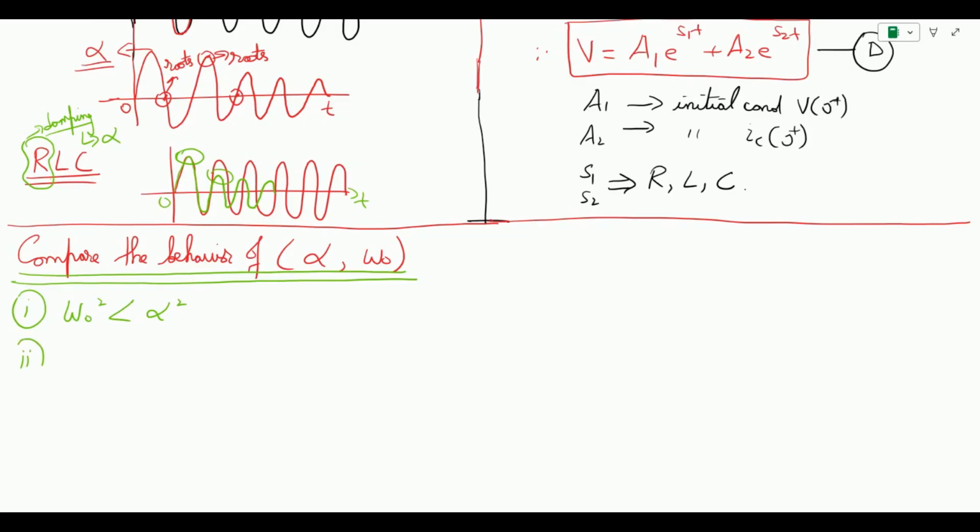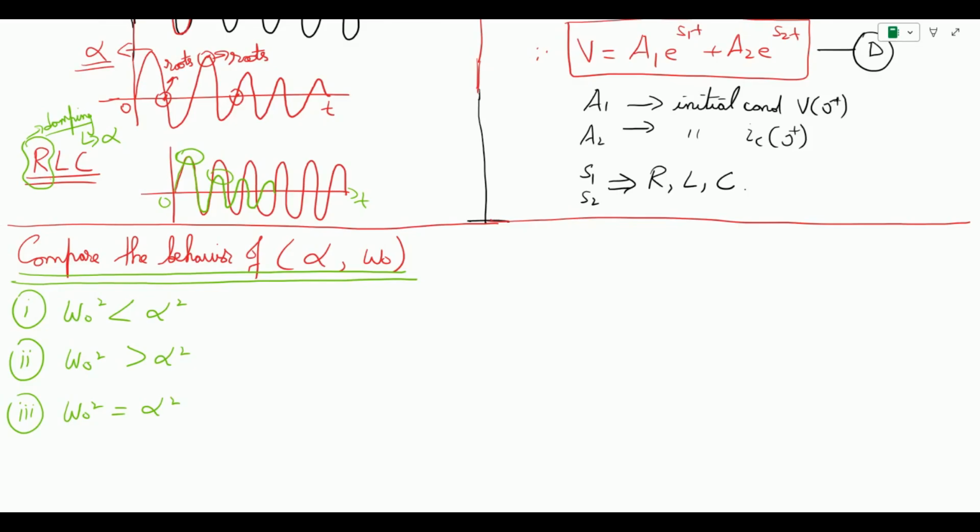The second behavior is when omega naught square has a value greater than the Napier frequency. And the third criterion is that omega naught is equal to alpha, the Napier frequency. So these three conditions basically give us an idea how the signal is going to propagate inside the RLC circuits. So let us see what these are.